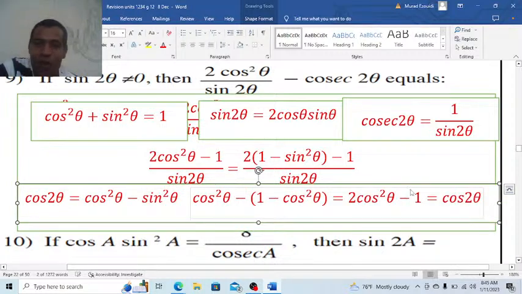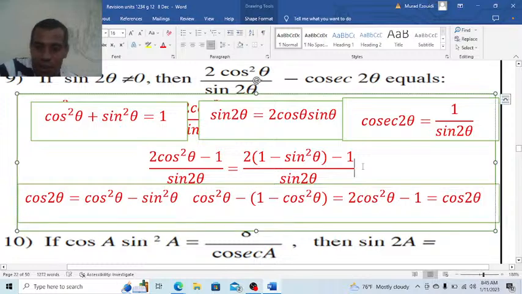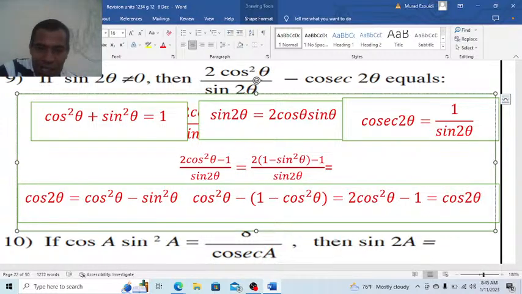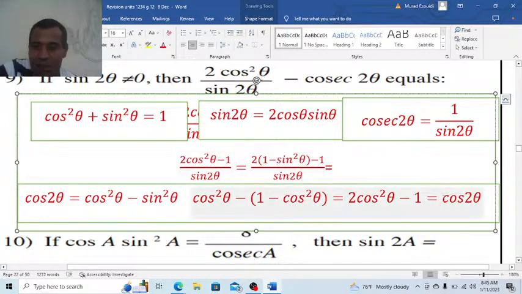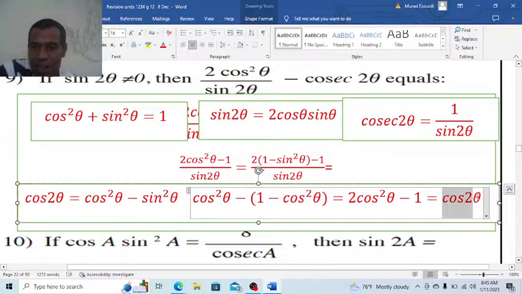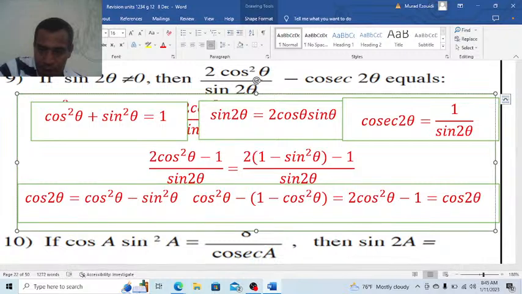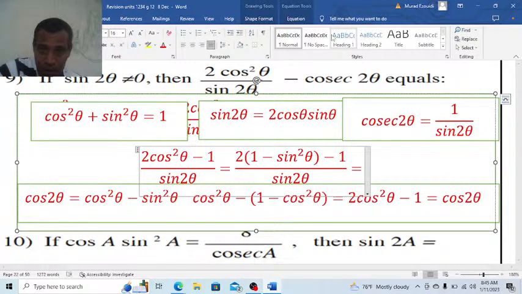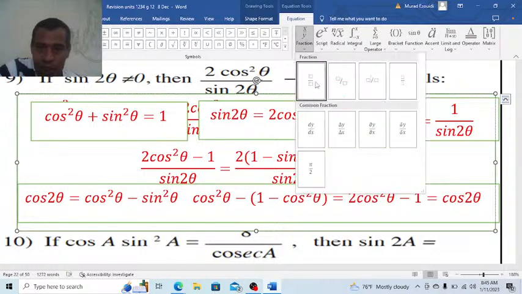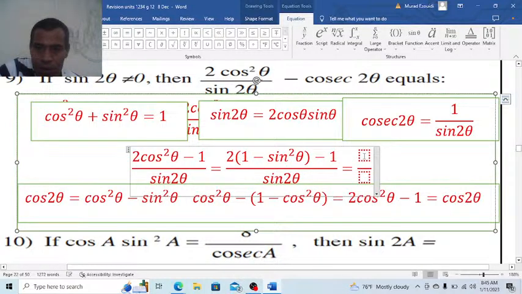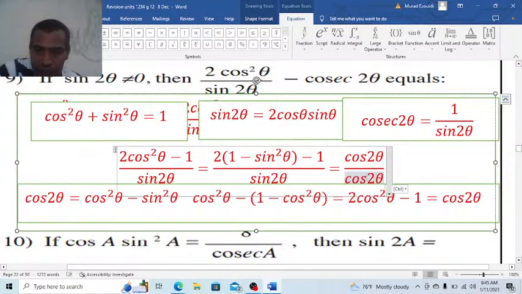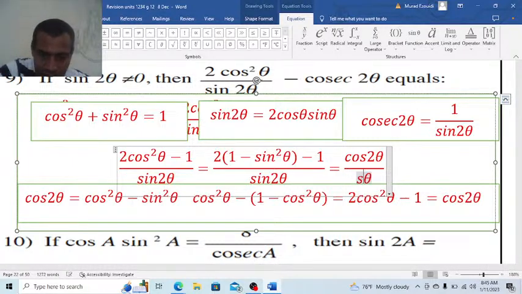Now learners, if we are going to continue, you will write this as cosine 2 theta divided by sine 2 theta. So copy and complete. Equal, I need a fraction, cosine 2 theta over sine 2 theta.